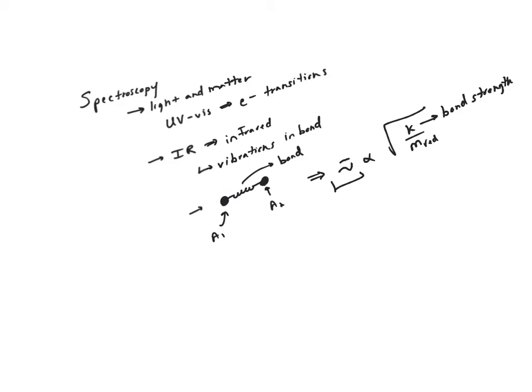We had bond strength, which was directly proportional to frequency, and then we had reduced mass, and the reduced mass was essentially the measure of the mass of one atom and the mass of the other atom on either side of that spring, right? And so we could say, oh, it's reduced mass, but in general, the smaller the overall masses, the higher the frequency we're going to absorb light, because again, these are inversely proportional.